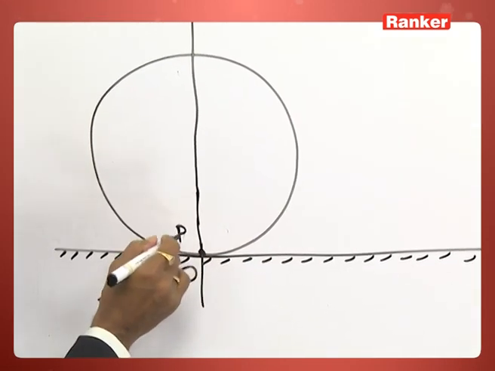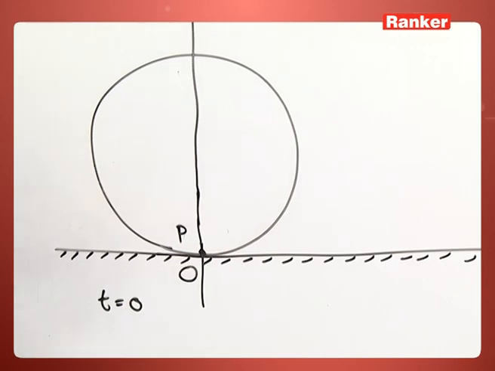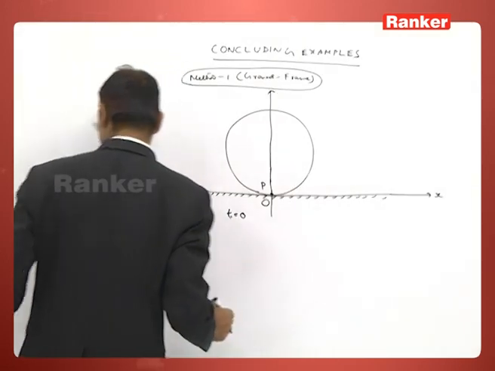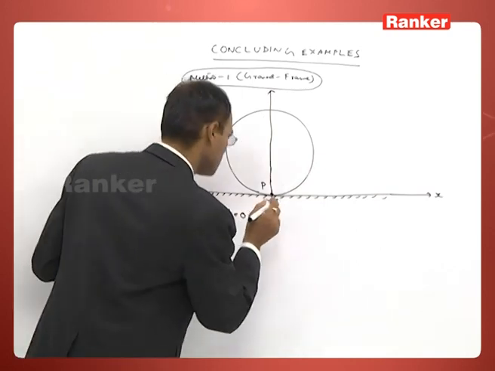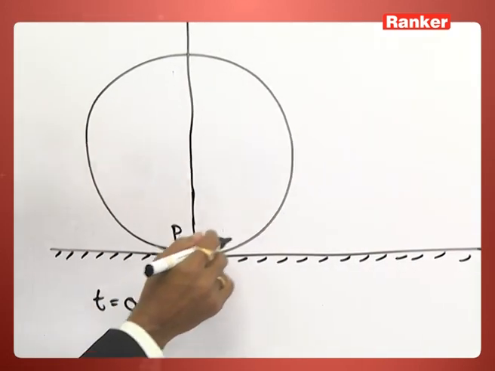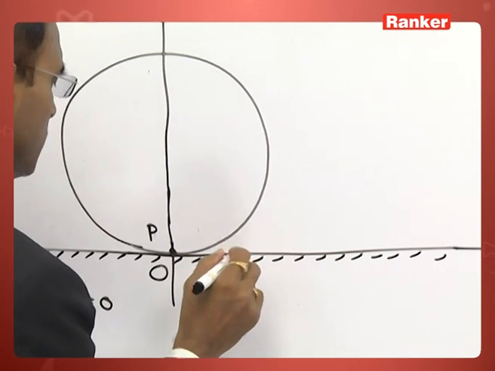This point P is the lowest point of the rolling cylinder. This is the scenario at time t equal to 0.